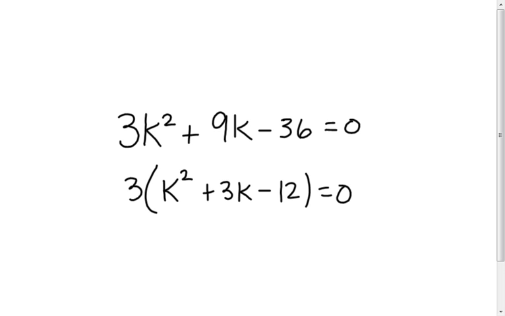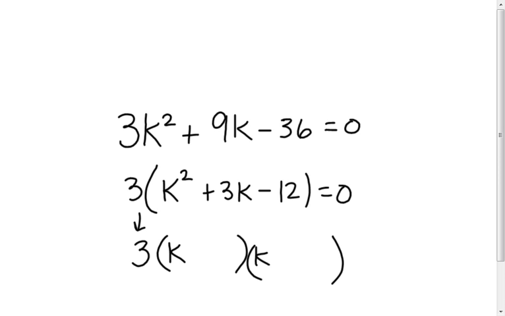And sometimes you're going to get this far and you're going to go, okay, I can bring down the 3, and then I can undo the FOIL here, and I know that my front has to be k times k. My back has to be 12, so I'm going to try 2 and 6, and that gives me 6k on the outside, 2k on the inside, which is just 4k, and that doesn't work.